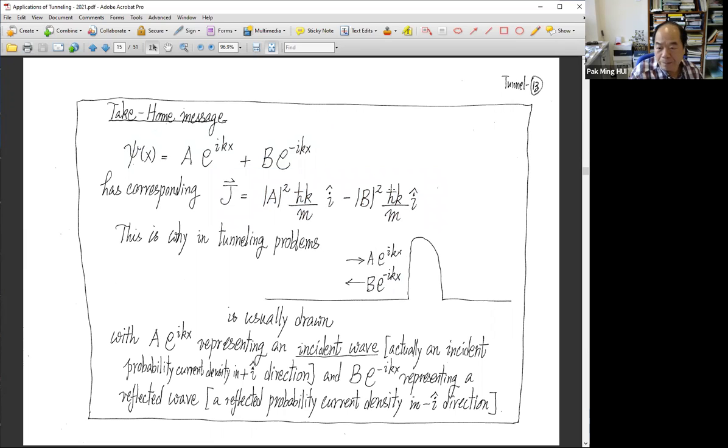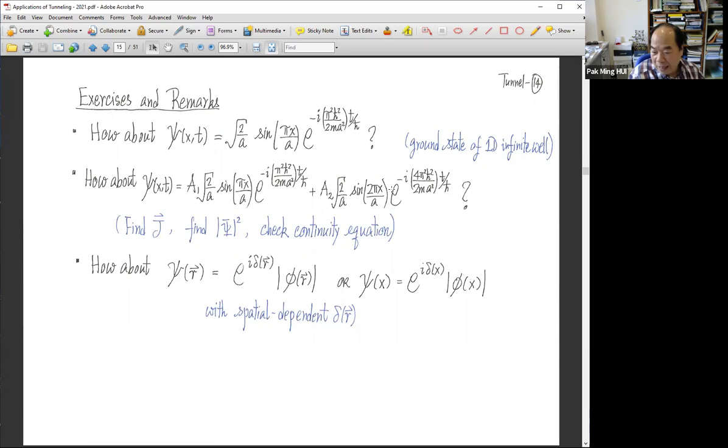Pretty nice. Now, for those who like to plug in formulas and play with things, how about this? Particle in a box, ground state, it evolves with time like this. So plug it into the J formula. What is it? If you know, in 5 seconds, 5, 4, 3, 2, 1.